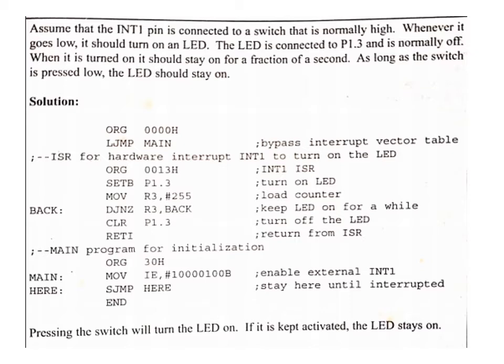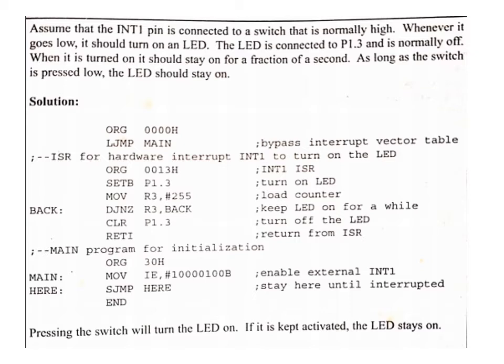So whenever we use interrupts, we have to make sure that the starting memory locations, that is 0000H onwards, are not used, because if we use them, we will be overwriting the interrupt vector table.